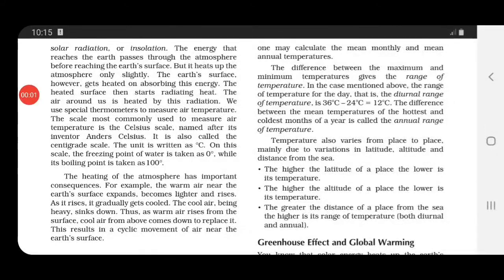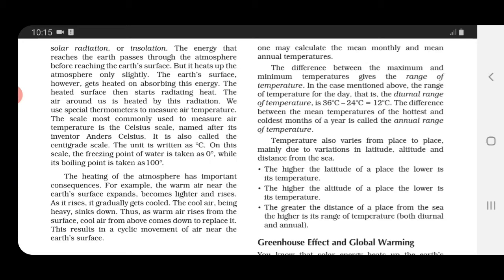Now in the next paragraph, children, they are talking about the cyclic movement of air near the Earth's surface. Now what is that cyclic movement of air? See, the heating of the atmosphere has important consequences. Consequences means उसके परिणाम. Okay, उसके बहुत important results होते हैं.